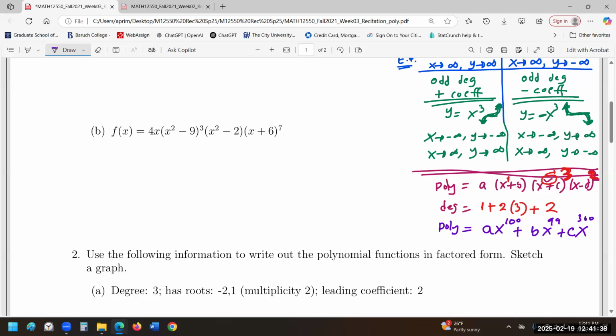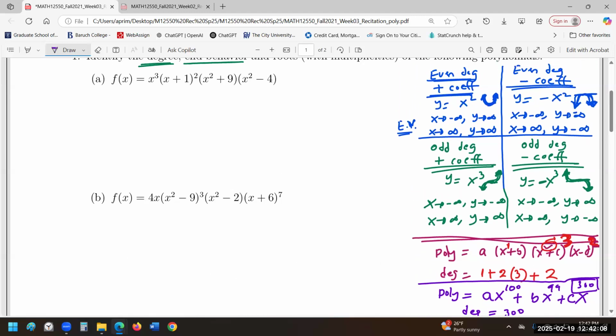Okay, so in this case, the degree of the polynomial is the highest power. Whatever you have, the highest number on x, that's the degree. So that's how we find the degree of the polynomial based on the format. If it's in factored form, you add all the powers. If it's in standard form, then you just take the highest degree, in a standard expanded form.